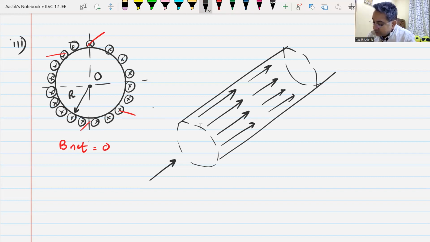Now I have the same conductor, same cylinder.